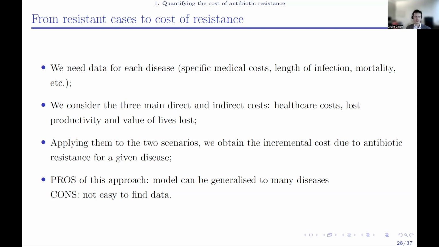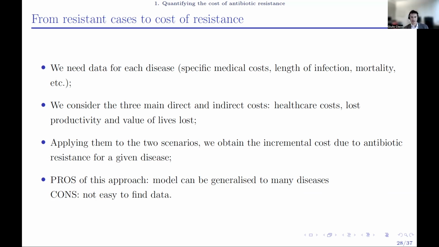And also what is important is the value of lives lost, because as I said, it's not only about money, but it's also about the increase in mortality. So if we have more people with a resistant infection, they have a higher probability to die. So we have a loss of lives, of course, and we have to take that into account.